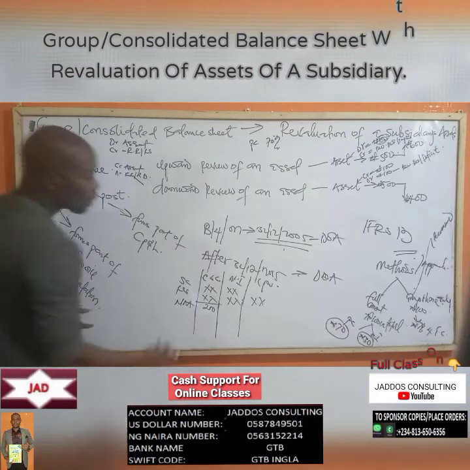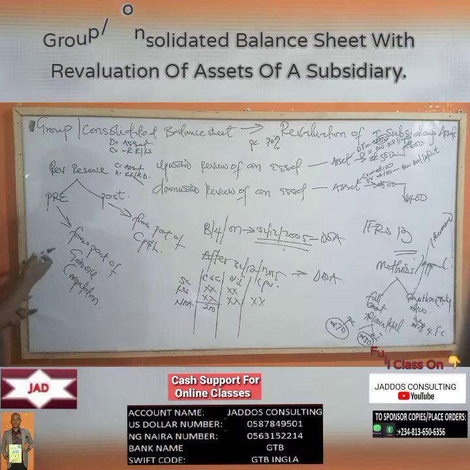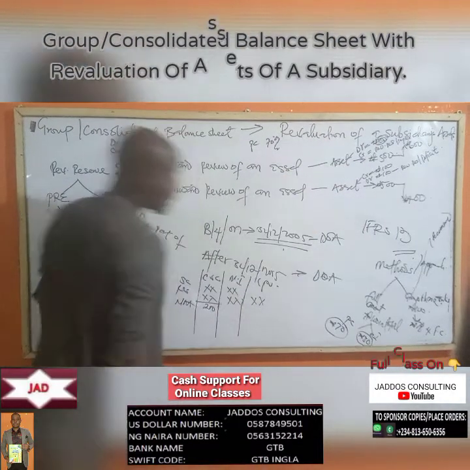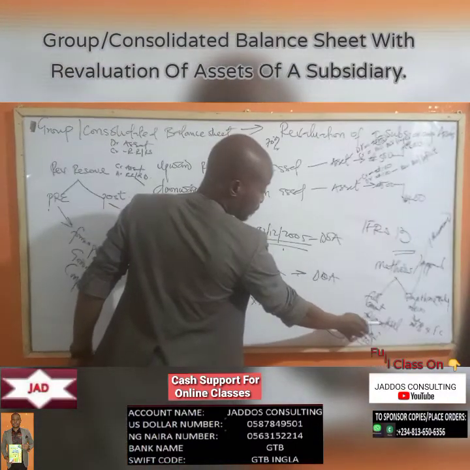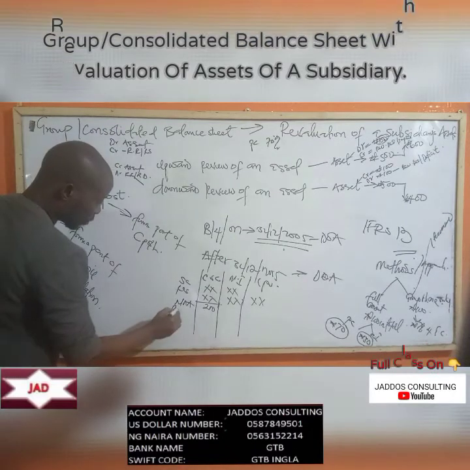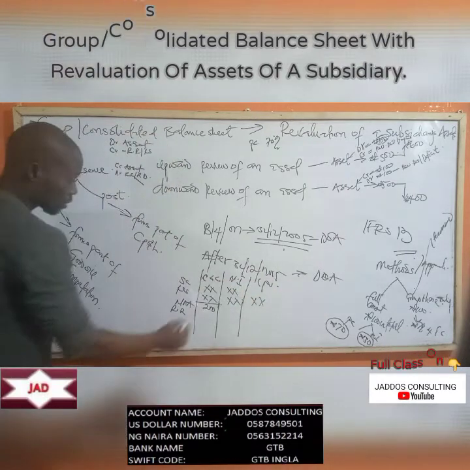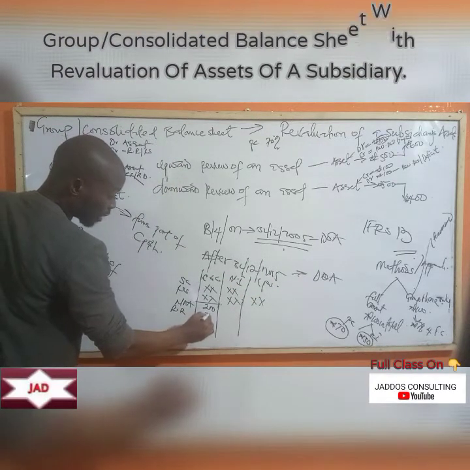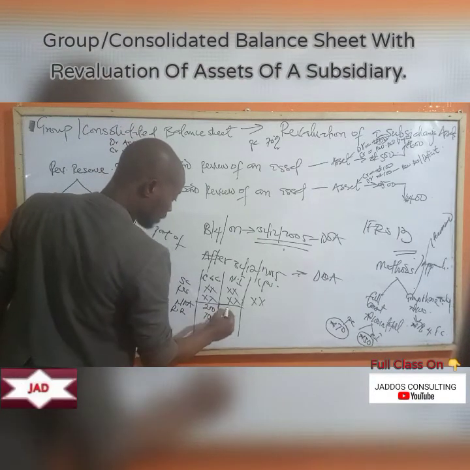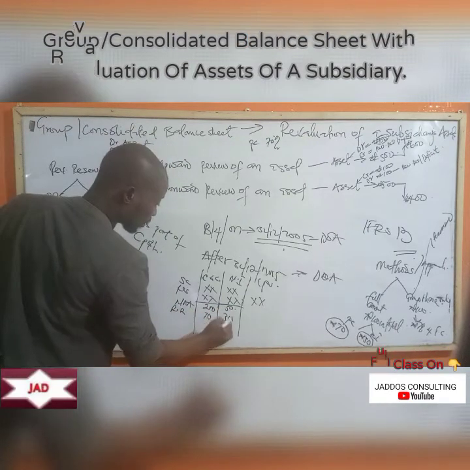But if you have a revaluation reserve, that is pre. Let's say it's an upward review of 100 naira. If you want to use the full amount approach, remember I was saying 70%. So the revaluation reserve, 70% goes to the holding company. So you have 70. Let's say my net interest here is 50. So here you're going to have 30.